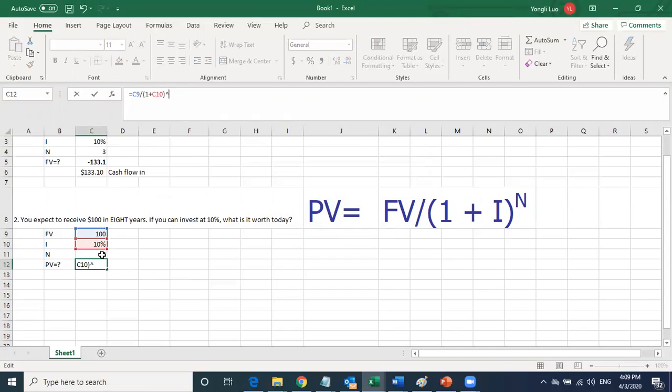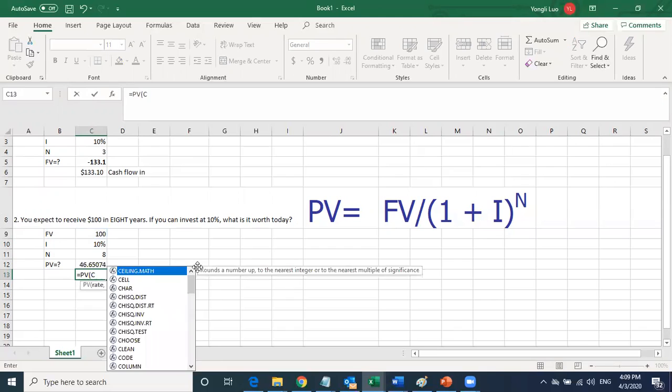N is 8 years. Okay, you can use the present value, future value function, and this is your present value. Also, you can do just using the present value function, your PV function. The present value function is equal to your future value.